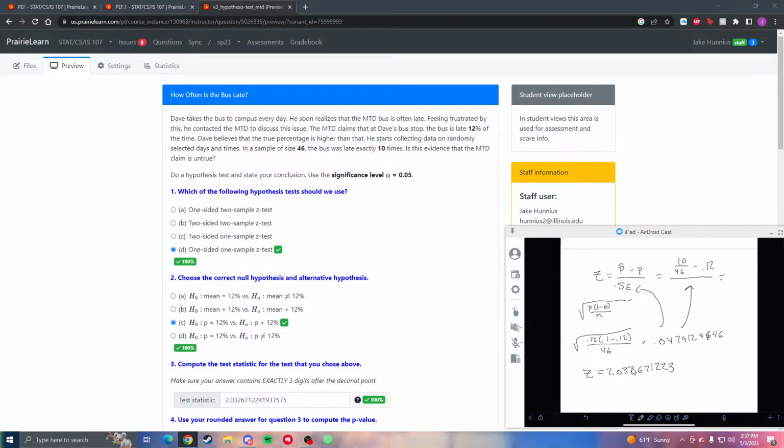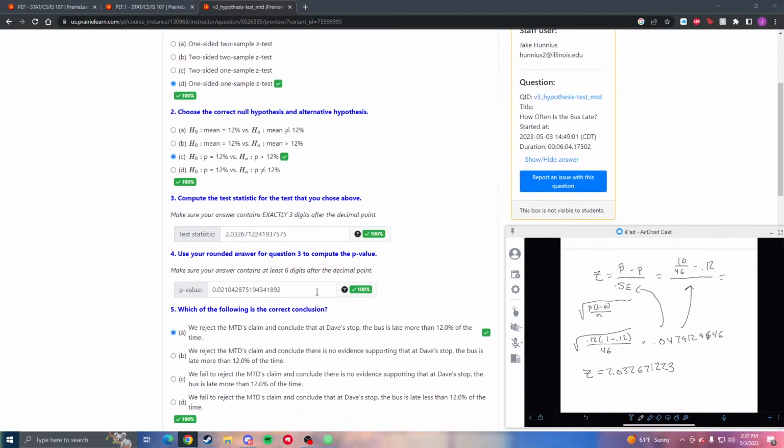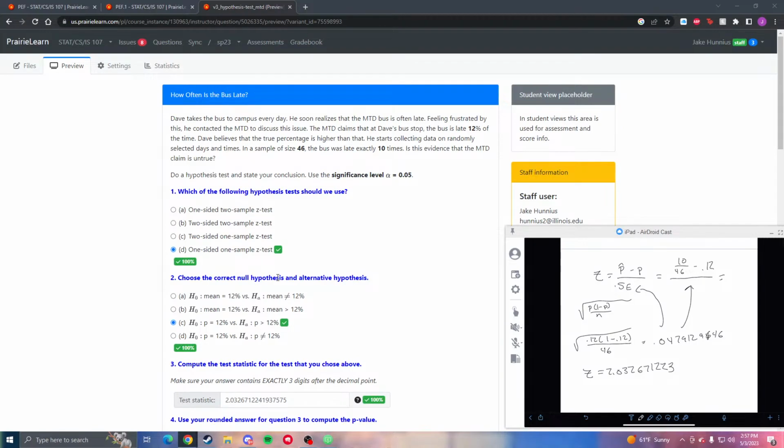What our p-value of 0.02 is saying is that, given the population data says the buses are late 12% of the time, there's a 2% chance that we find a sample of size 46 where the bus is late 22% of the time, since 10 over 46 is 22%. So p is what's given to us, p hat is what we find, and the standard error is kind of merging the two.